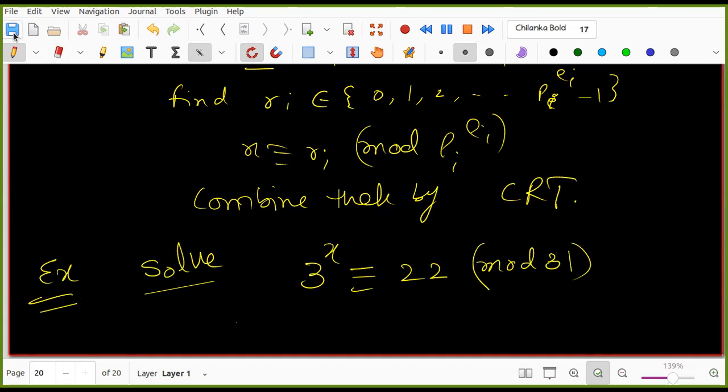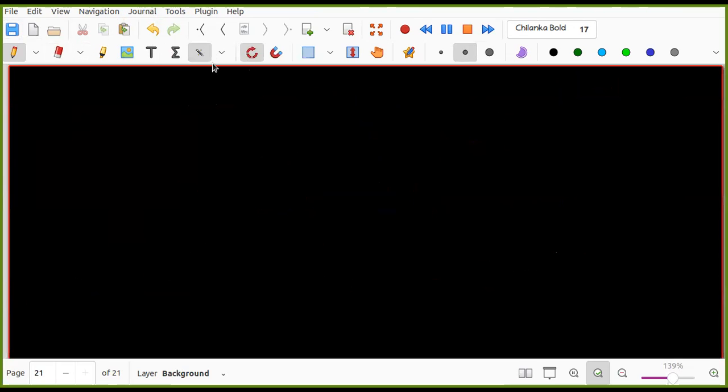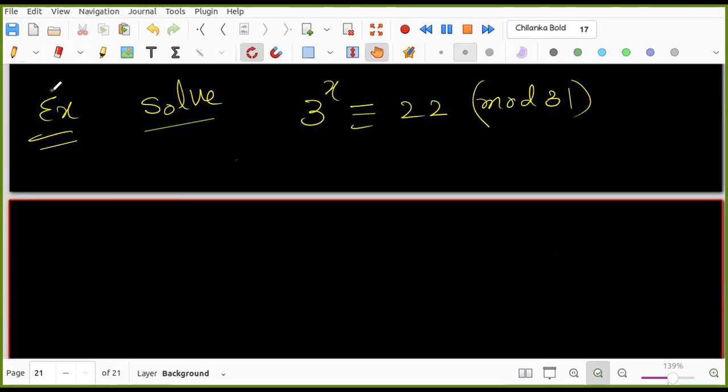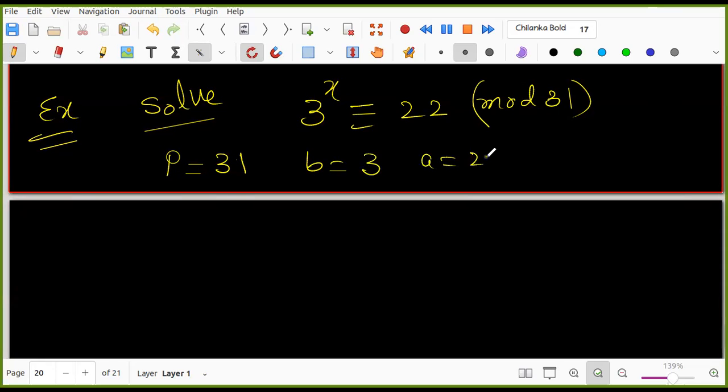What is b, what is a? Can you say? So here p is equal to 31, b is equal to 3, a is equal to 22. Find x. Yes, the discrete logarithm problem.